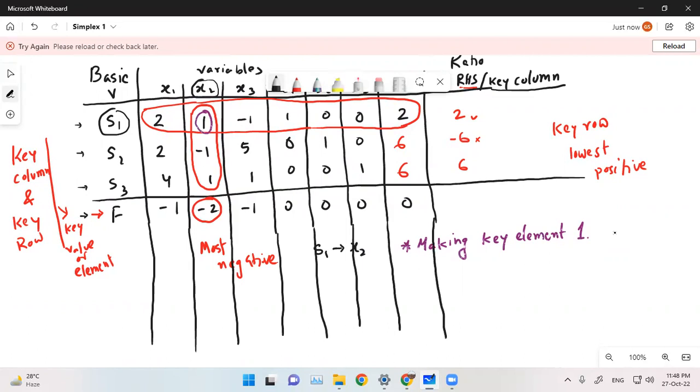So that is why I'm trying to write it again here. So basically here, X1, X2, X3, S1, S2, S3.